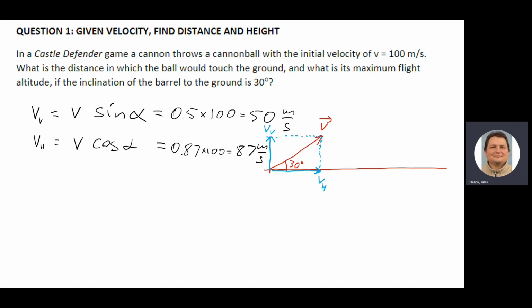Because what we now know, the vertical velocity is like I was throwing something upwards, okay, like this, with the initial speed 50 meters per second, okay, and we can nearly immediately find the solution for the first part, no, second part here.